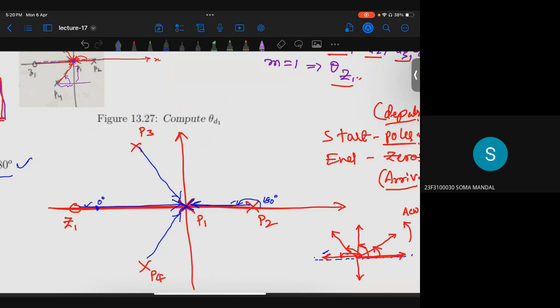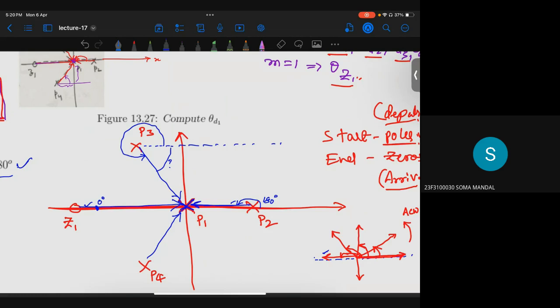Then P3, this is making an angle. You have to take this x-axis and shift it, then do the calculation with respect to the arrow. That is nothing but this angle, 360 minus this angle. Am I correct? Yes, sir. So how can you calculate this angle?